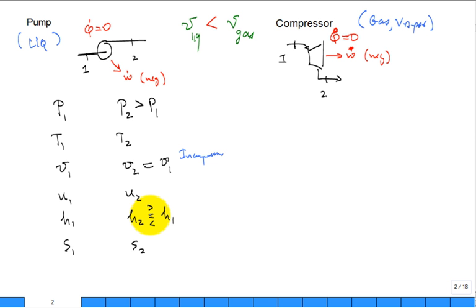It increased the flow energy of the liquid going through it, and that's realized by an increase in the P. And the PV plus U gives an H, it's higher. Okay. What about entropy? S1 versus S2. S1 greater, equal, less?